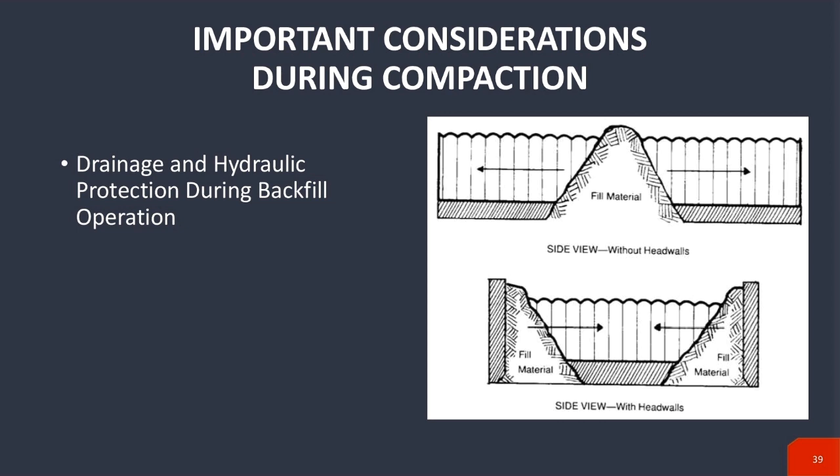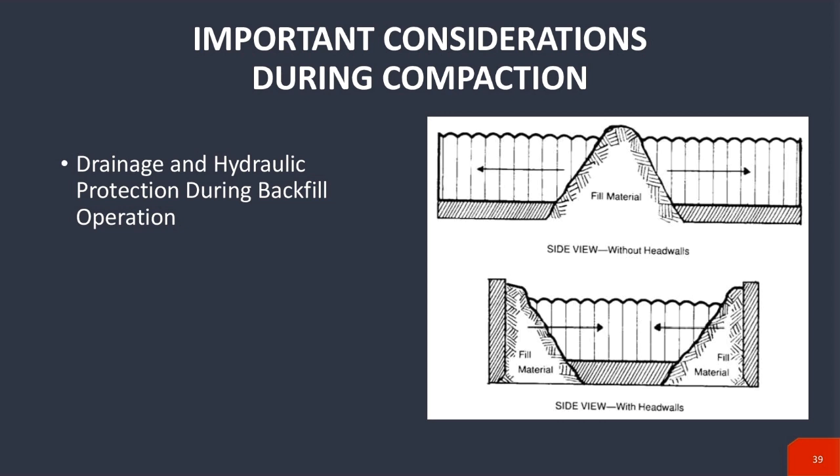So prior to the completion of your backfill, your permanent end treatment or slope protection, the pipe is vulnerable to flow conditions that are going to be different from your final condition. So examples of these are flow on your unprotected ends, unbalanced load, loss of backfill, uplift forces.